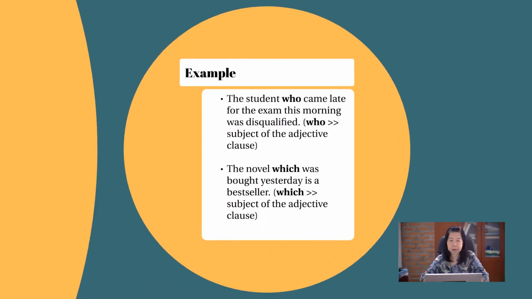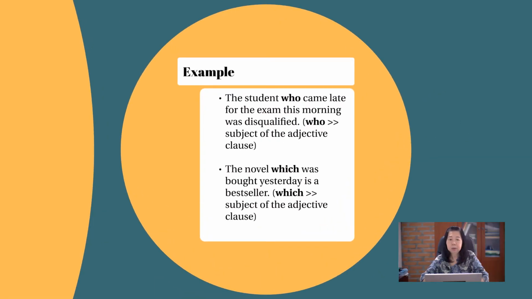For example, contohnya, the student who came late for the exam this morning was disqualified. Who is the subject of the adjective clause. Dalam kalimat ini, who adalah subjek dari adjective clause. The novel, which was bought yesterday, is a bestseller.